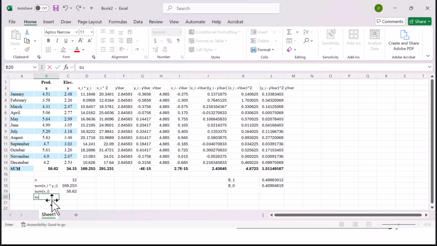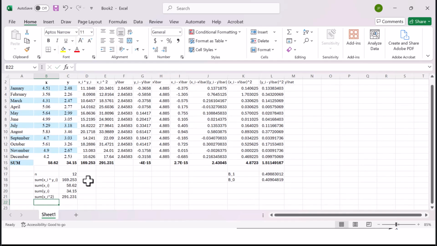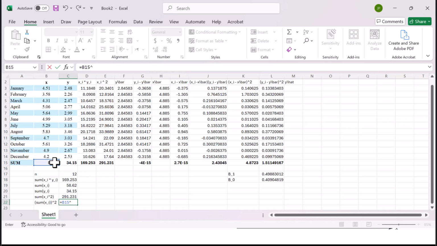Then the sum of yi, which is equal to this one. And then we need to find the sum of xi square, right? The sum of xi square is this one. And next, we need to find the sum of xi, then all squared, right? It means this one to the power of 2.